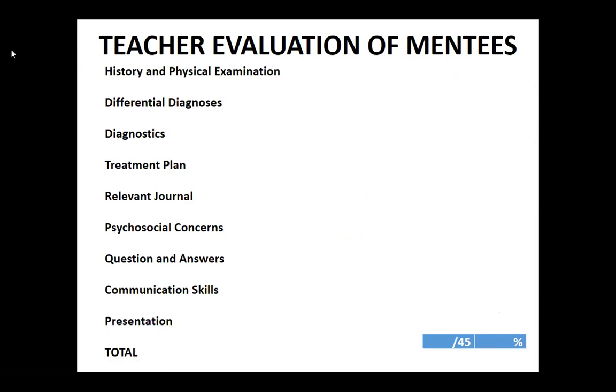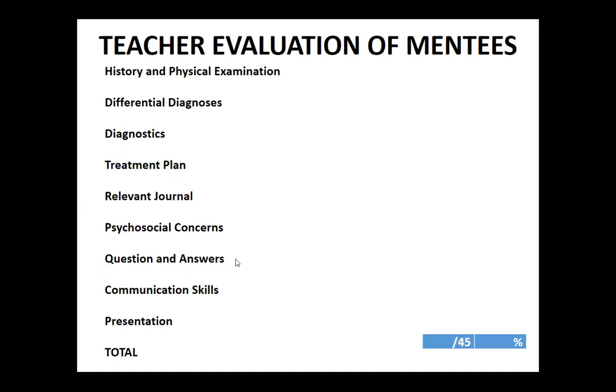The areas that I'll be evaluating you on will be the following: history, physical examination, differential diagnosis, diagnostics, treatment plan, a relevant journal later on, then psychosocial concern, then questions and answers.